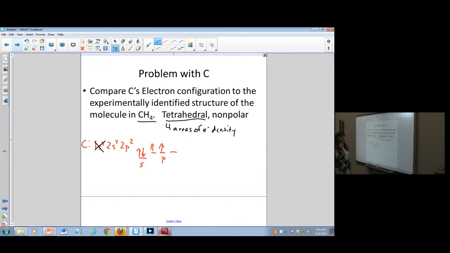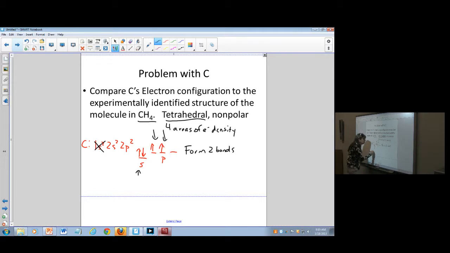Now, given the rule that we have to have overlapping atomic orbitals in order for a bond to form, let's look at what's happened here. We can form 2 bonds, that's all, given this configuration. We could bring in an electron here and an electron here from hydrogen or something like that.